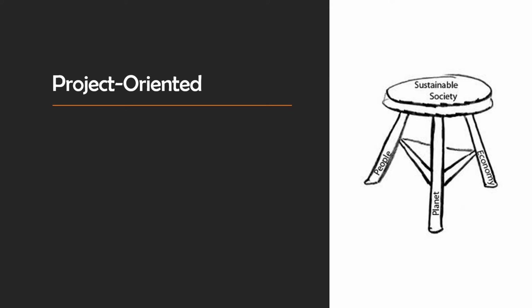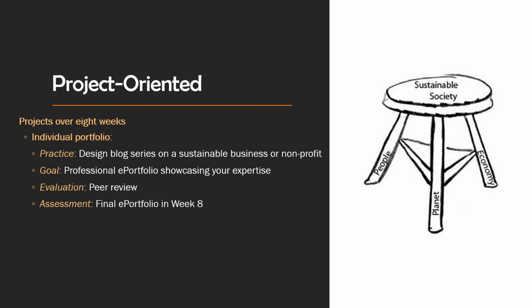Now, this is a very project-oriented course. We have projects that stretch over the entire 8 weeks. There are two main categories of projects. The first is the individual portfolio, where you get to practice all of the different tools that are in that part of the assignment by designing a blog series on a sustainable business or nonprofit.